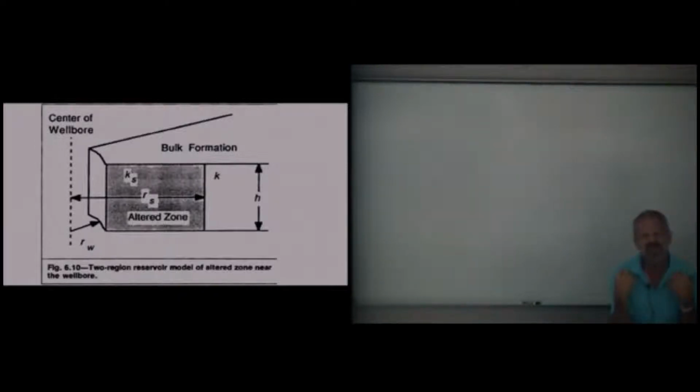And here, this is a little bit awkward, but both those subscripts should be hydrocarbon. So if it's gas, it'd be gas permeability. If it was oil, it'd be oil permeability. But the permeability that we're interested in is for the fluid that we're trying to flow out of the reservoir.